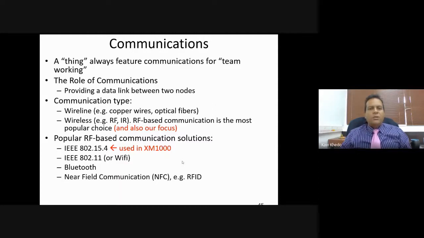So at the end of the day, you will need to explore wireless communication, and this is where, for example, Wi-Fi is a possibility, but you know the problem with Wi-Fi. This is where NFC, near field communication, or Bluetooth comes into play.